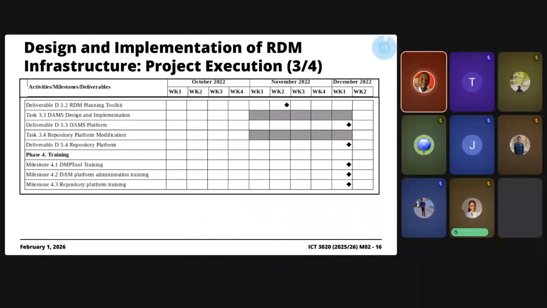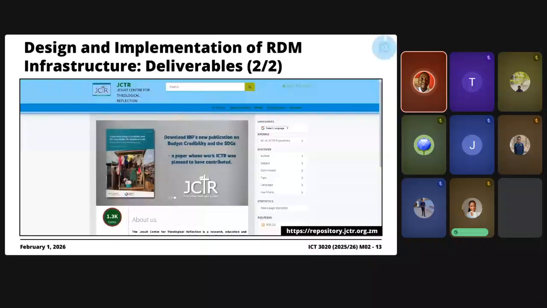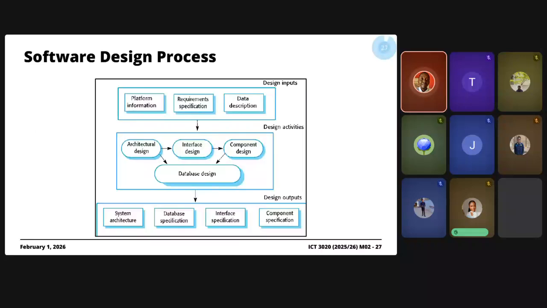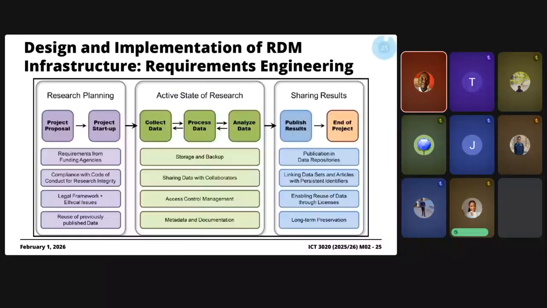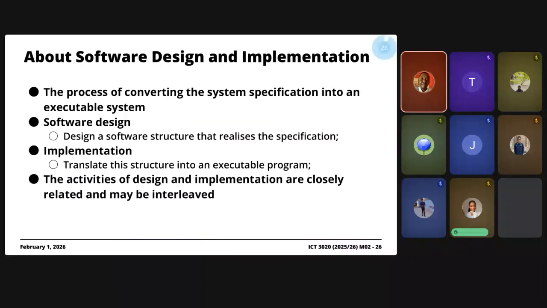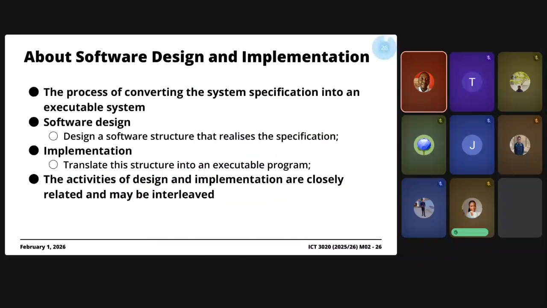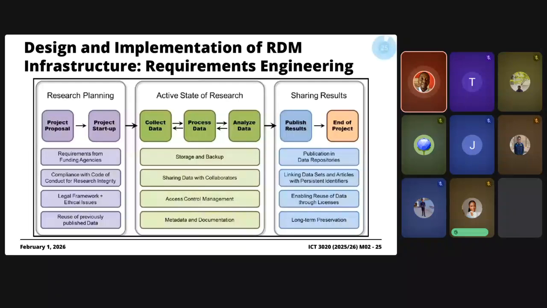The question is, how did we go about requirements engineering with JCTR? I don't know if I have it here, probably don't. I'm just going to have to speak to these things.